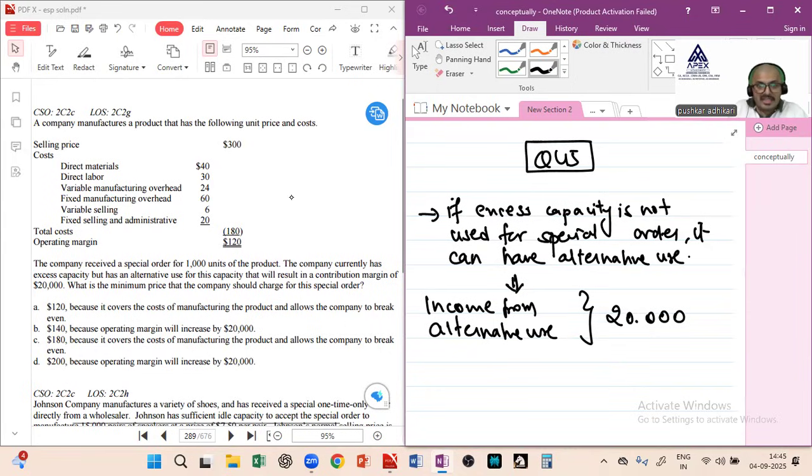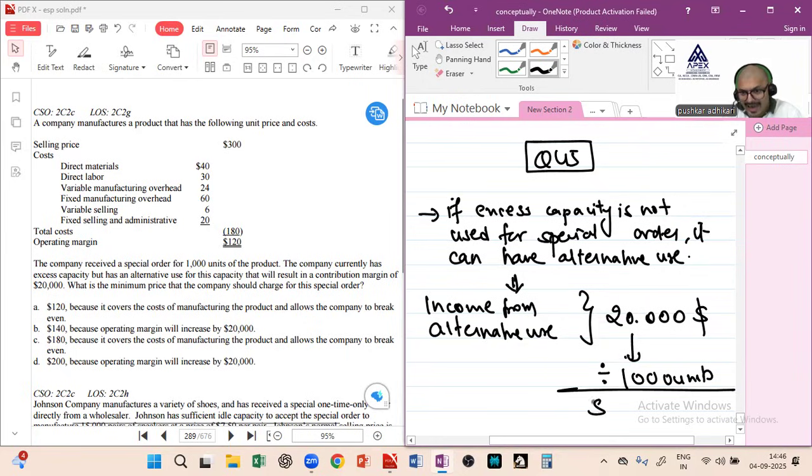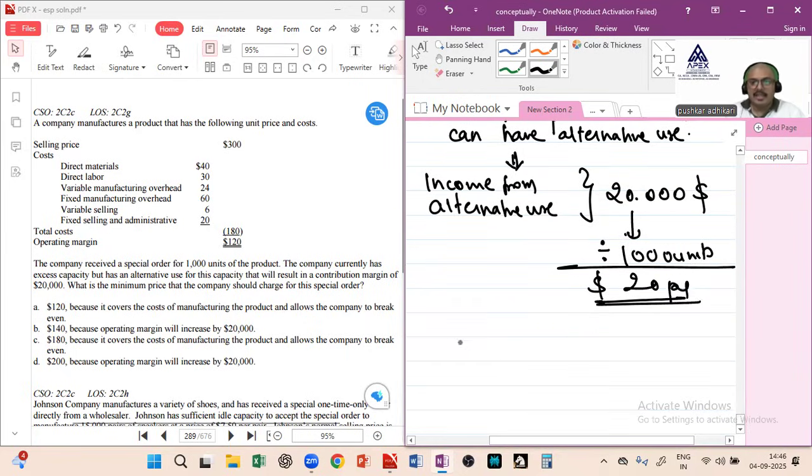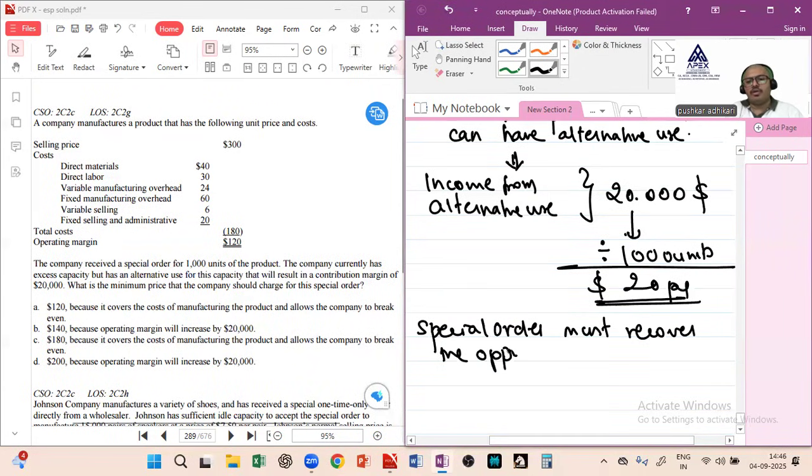My special order is of how many units? If I divide this by 1000 units, I get $20 per unit. So the special order must recover the opportunity cost.